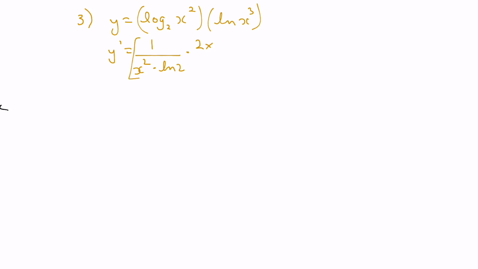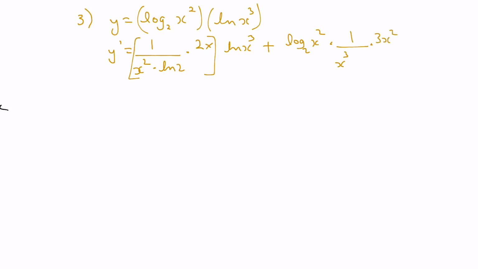And that would all be multiplied by the second function, ln x cubed, plus the first function, log base 2 of x squared, times the derivative of the second function, which would be 1 over x cubed, times the derivative of x cubed, which is 3x squared.